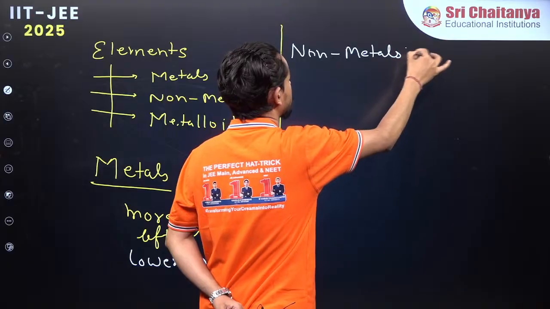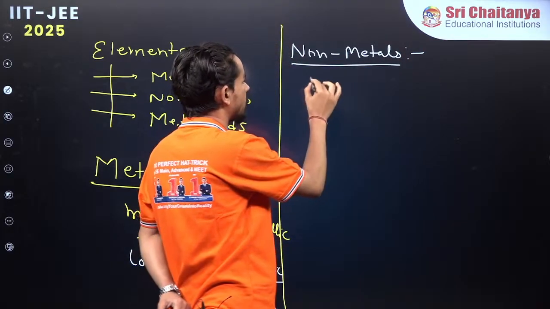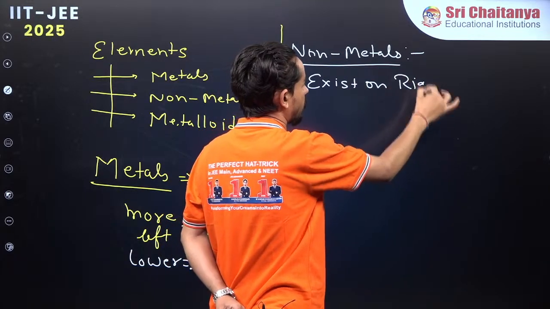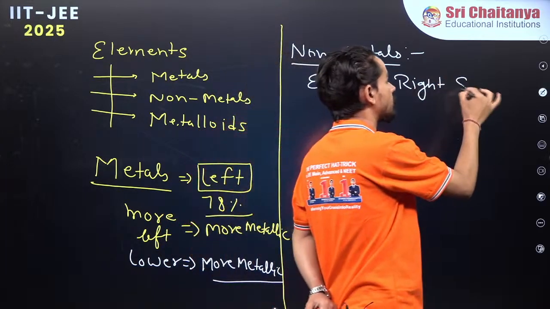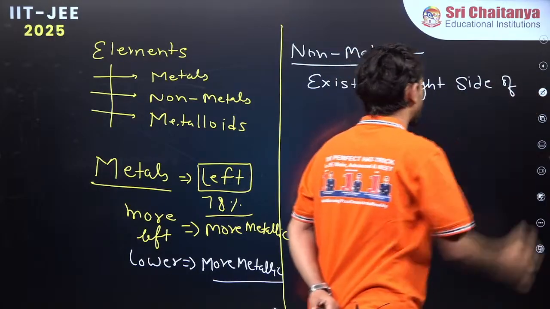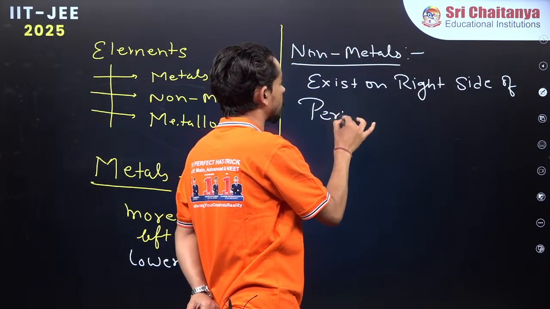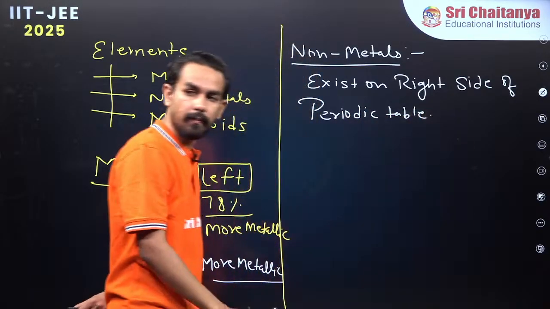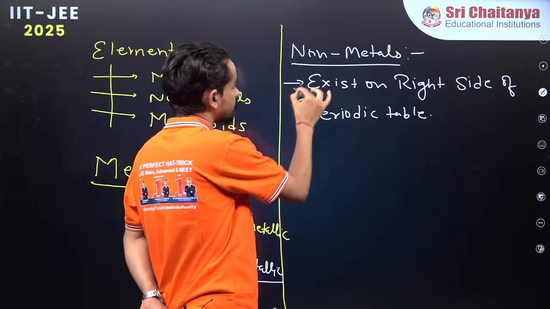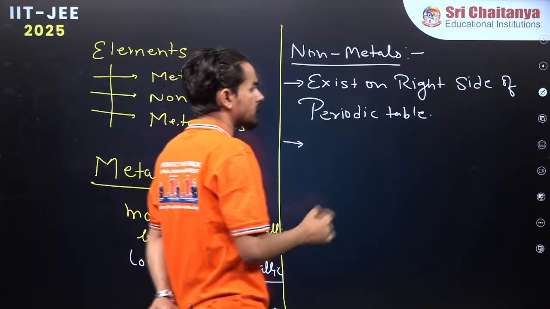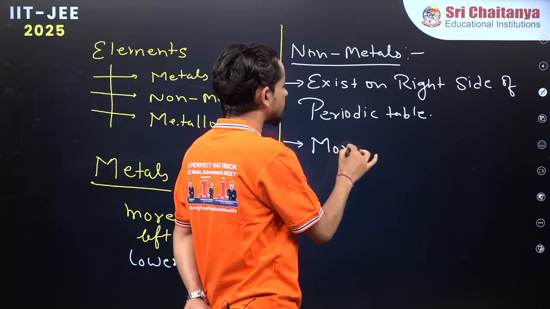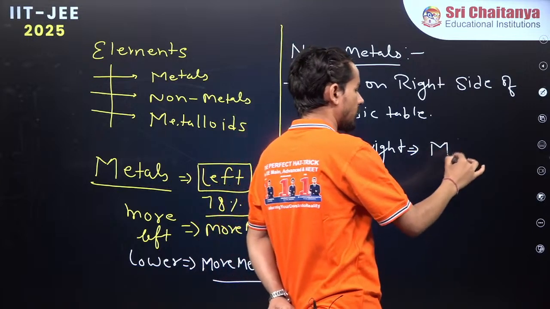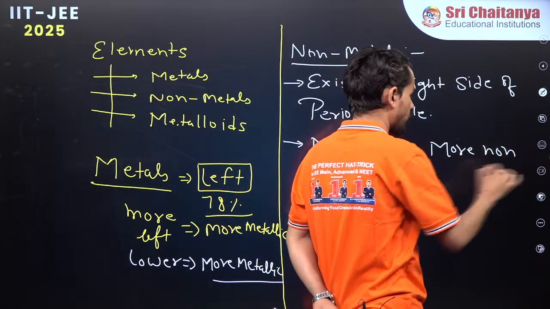Now let us move to non-metals. Non-metals exist on the right-hand side of the periodic table. Similar to metals, the more right, the more non-metallic character.